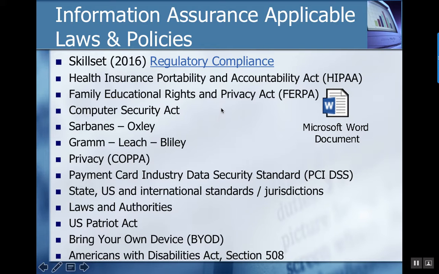So basically, you've got a whole series of these laws, and usually they're bound by a particular area. HIPAA is medical, FERPA is educational, and so on. It takes a while for a bill to become law and to be established.